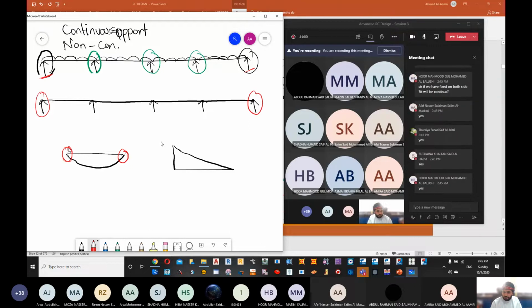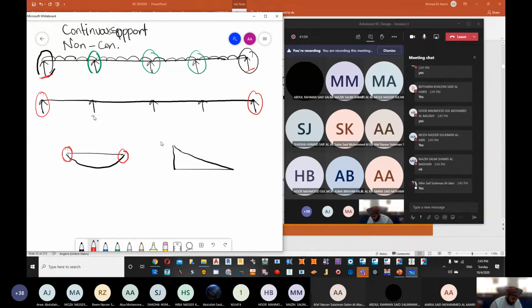Fine. So these ones, this one, this one, this one are continuous. If it's continuous, they are going to take the concept of the cantilever. So I'm going to try to draw a line above.